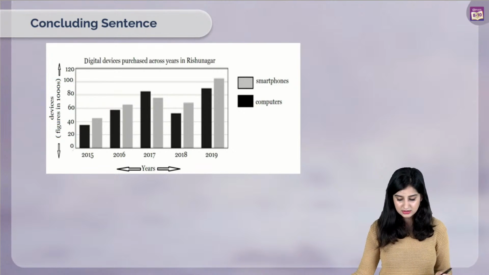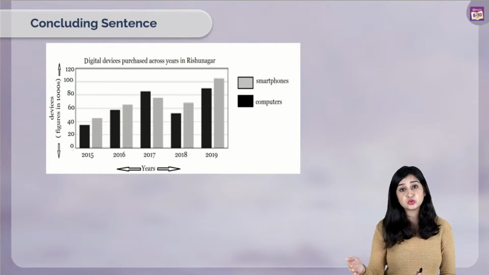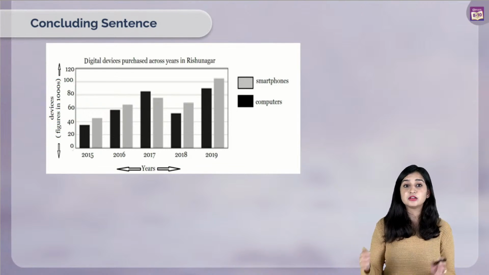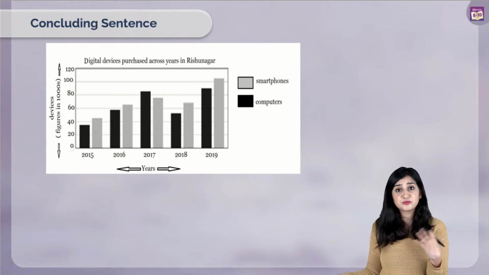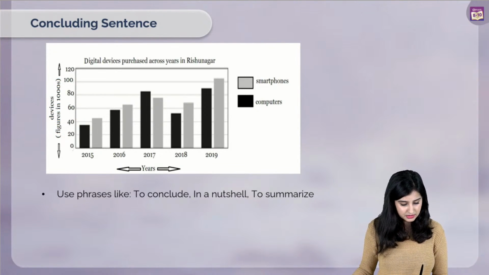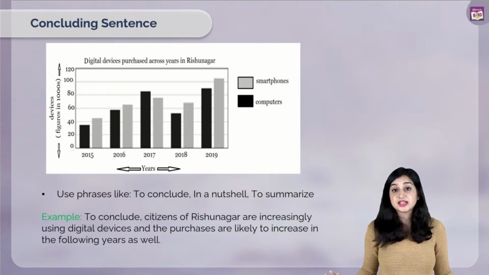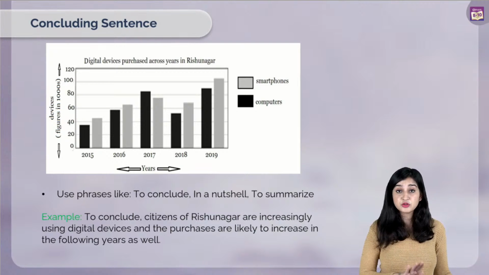We can use nice phrases like to conclude, in conclusion, in a nutshell, to sum up. Phrases like these help us conclude. So here is an example of a concluding sentence that we can have for this particular graph.